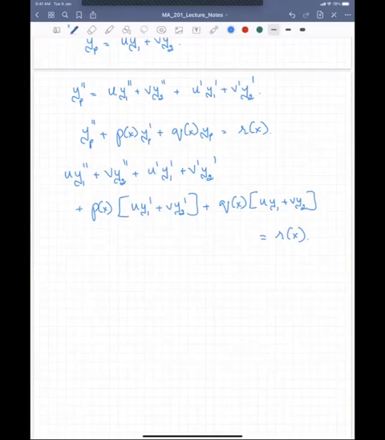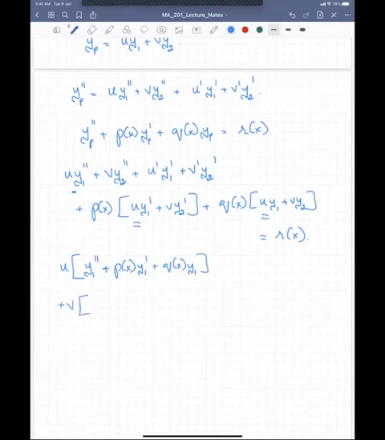So let us collect terms with u and v. If I collect terms with u, this gives me a y1 double prime, this gives me a p times y1 prime, and this gives me a q times y1. And you already see why this could become simpler.